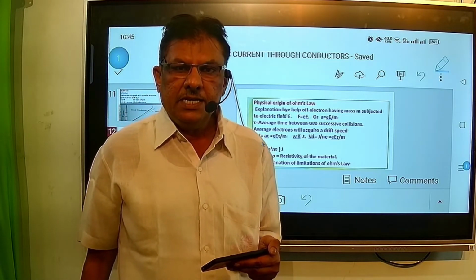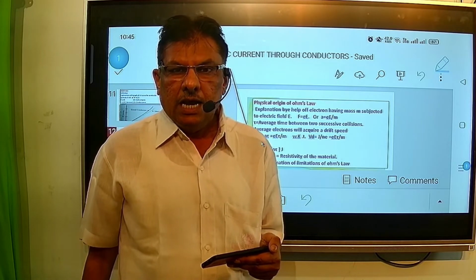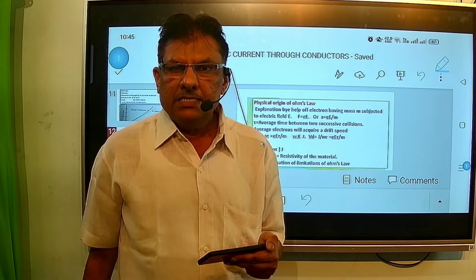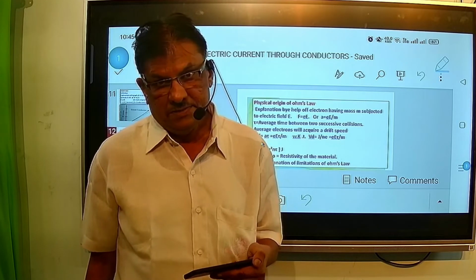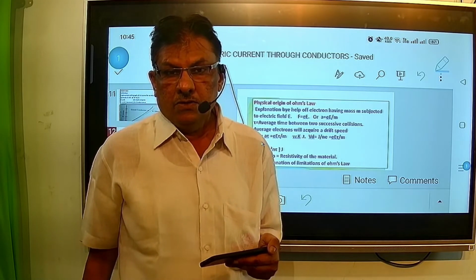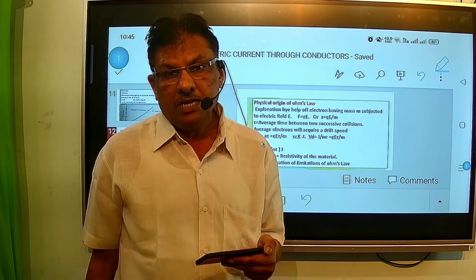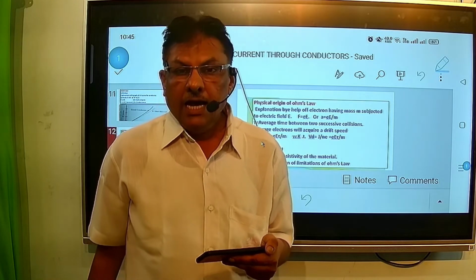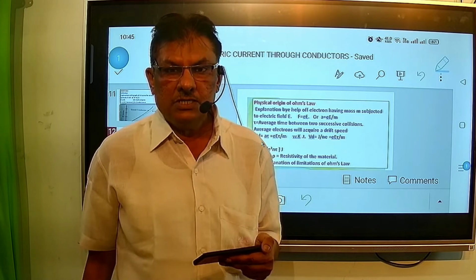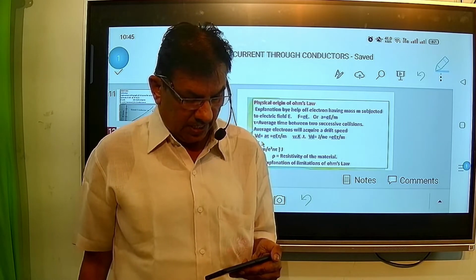When these free electrons are detached, they are free to move anywhere. For a copper material there are crores of atoms, and therefore free electrons are large in number, and these free electrons are responsible for the flow of the current.